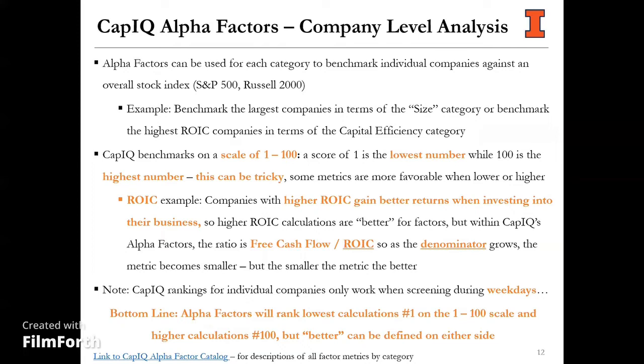So once we have our big picture understanding of alpha factors, we can look more deeply at the company level analysis available on this service. The alpha factors can be used for each category, within growth or size or valuation, to benchmark the individual companies against an overall stock index.